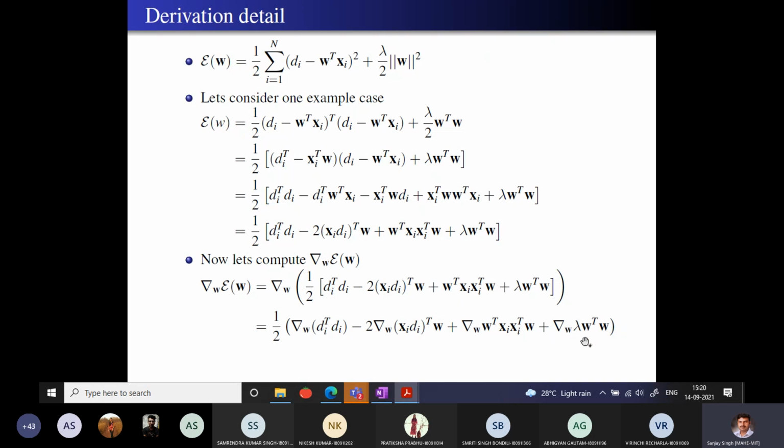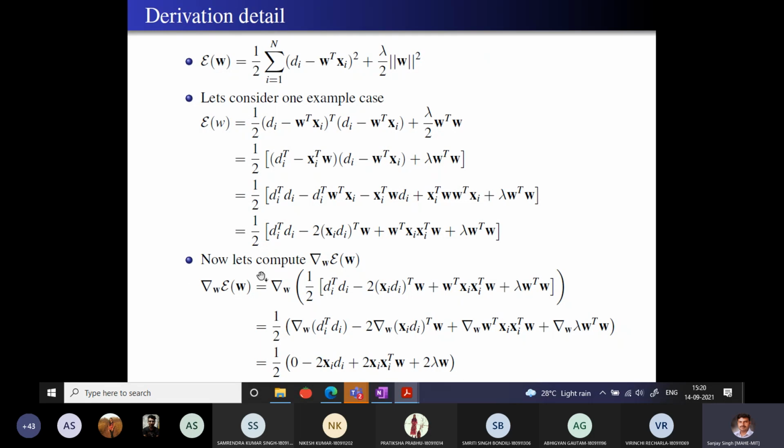So W^T W, and if I is an identity matrix, it becomes 2IW, simply 2W. With this into account, and this term is 0 because D_i are scalar values, this comes out to be 0 minus 2 X_i D_i, as I mentioned, plus 2 X_i X_i^T W plus 2 lambda W.